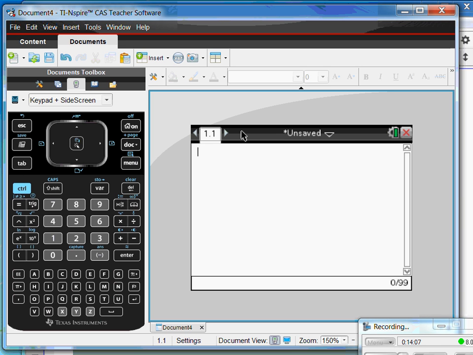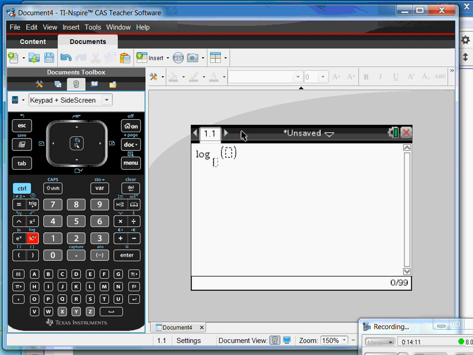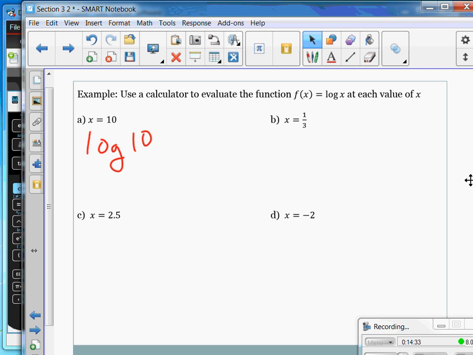Absolutely. So here's my log. And it's a common log, so again, that's our understood base 10. What are we going to get? Here we didn't even need a calculator because it's asking us 10 to what power gives us 10. Of course, that's just going to be 1.